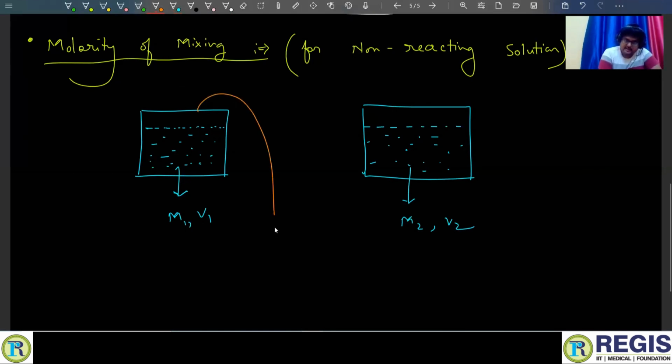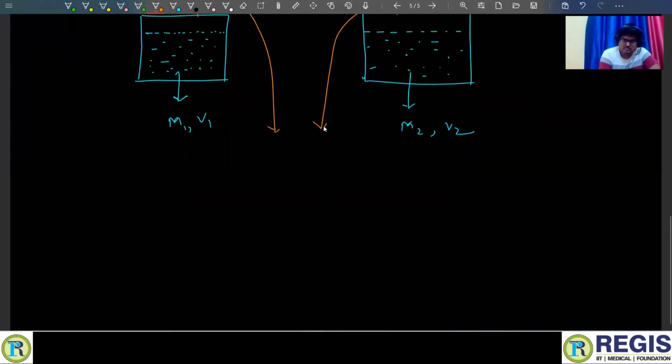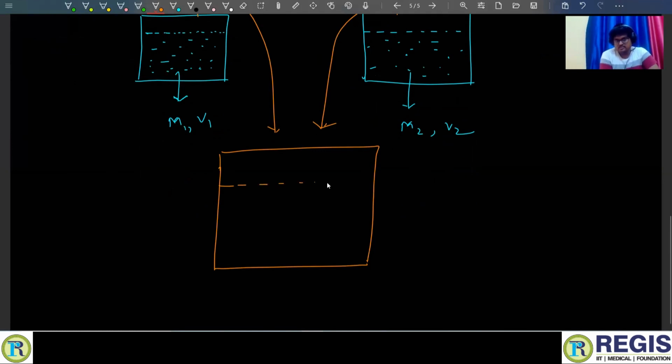Now when you add these two, after addition of this one, we get a new volume. This volume becomes V1 plus V2 because they are non-reacting with each other.